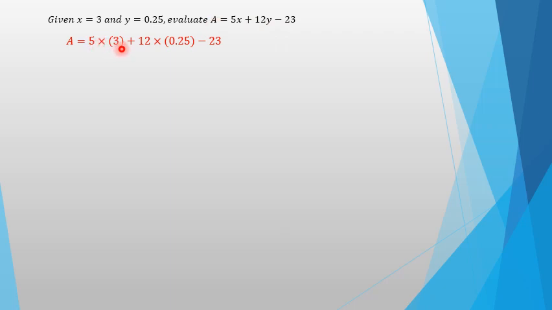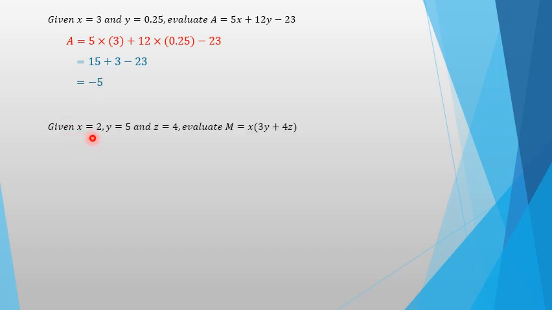Here we have multiplication, addition, multiplication, and subtraction. The priority goes to what? Of course, to multiplication. So 5 times 3 is 15, plus 12 times 0.25, its answer is 3, and here we have minus 23. So 15 plus 3 is 18, and 18 minus 23 is minus 5.